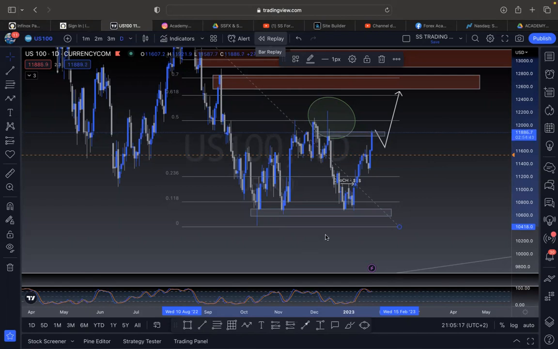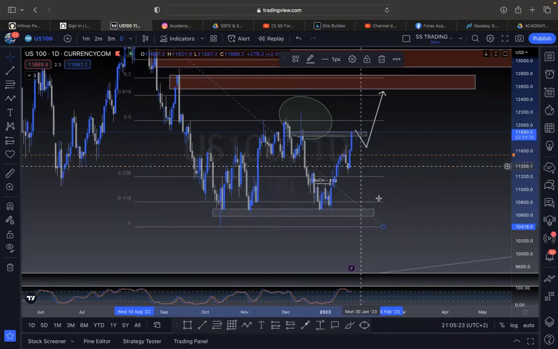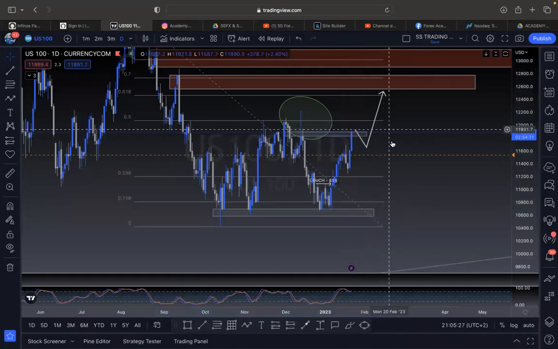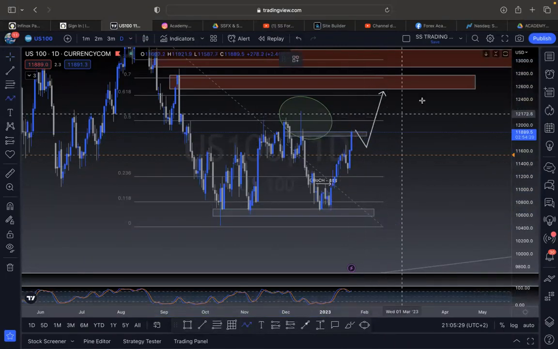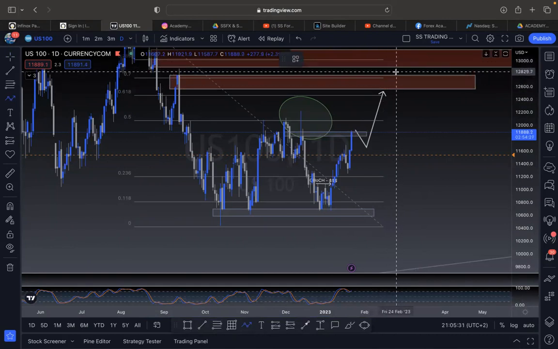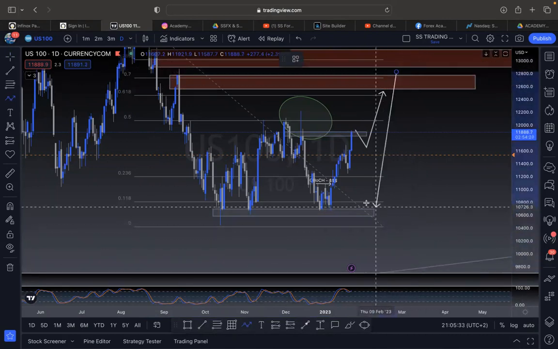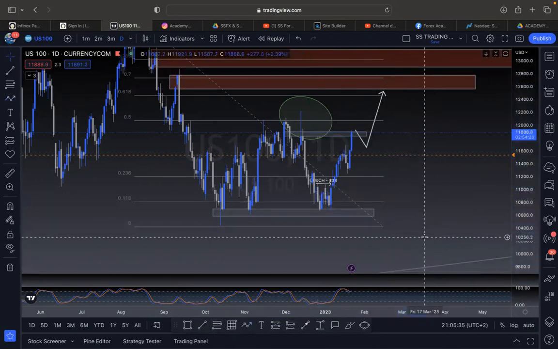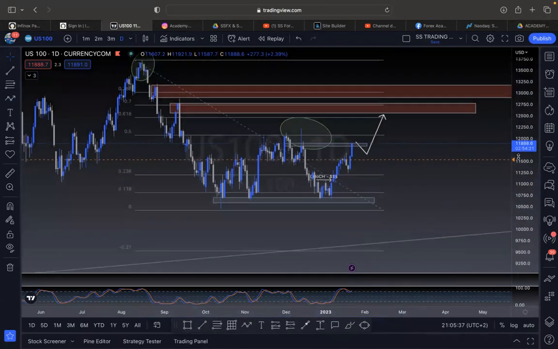At this 10.6 level, between 10.4 and 10.6, it looks like there's equal lows. Yeah, 10.6, correct. There's a good potential for this to tap into one of these supplies and then still come back down. Because if it does that, remember what I taught you guys about the FIB.